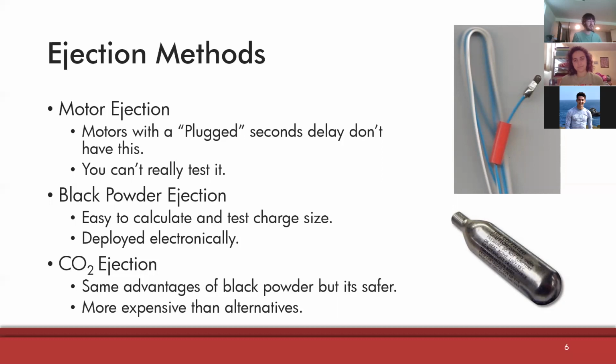The issue is, I mentioned black powder charges are easy to test and calculate. You can't really test the motor ejection on the ground because that would involve lighting a motor off, which unless you built a setup for it, you really shouldn't do.